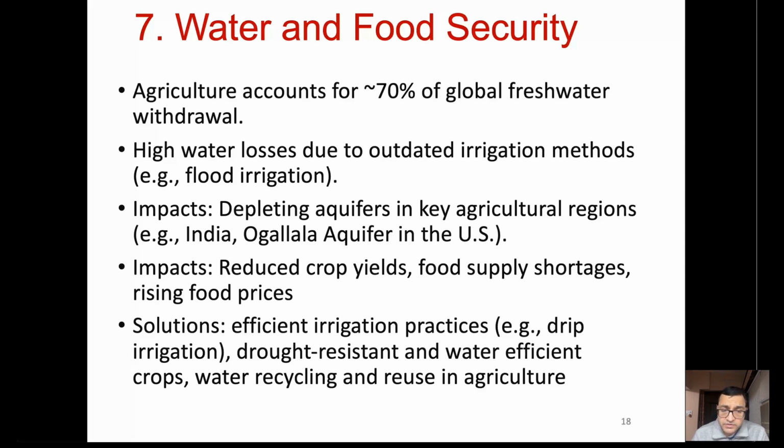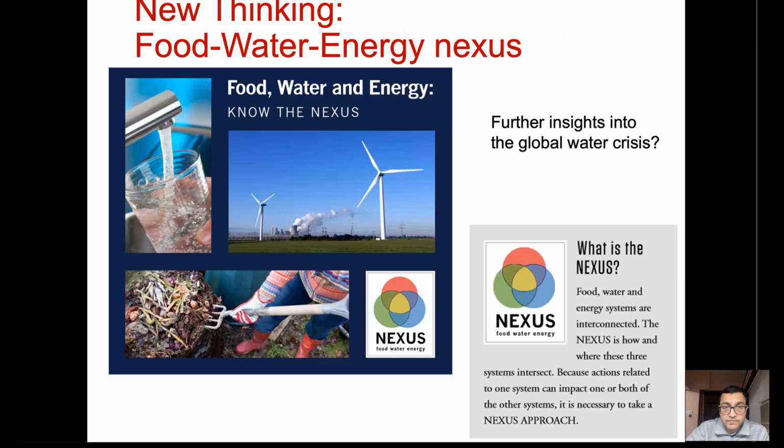There are some solutions also being worked on in this regard, such as effective irrigation practices like drip irrigation, drought-resistant and water-efficient crops, and water recycling and reuse in agriculture to be more efficient in using water.